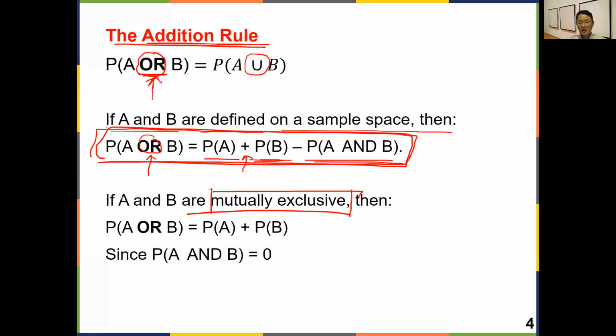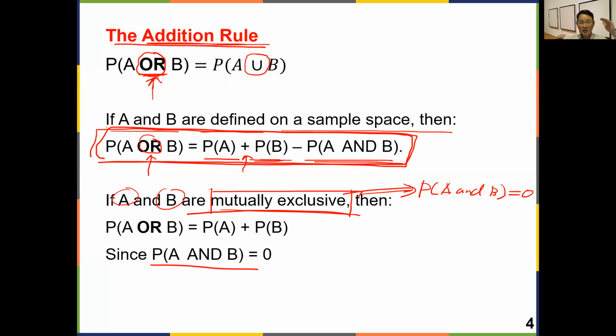Remember, if these two events are mutually exclusive, it also means the probability of A and B is equal to 0. Mutually exclusive by definition means you cannot be both at the same time.